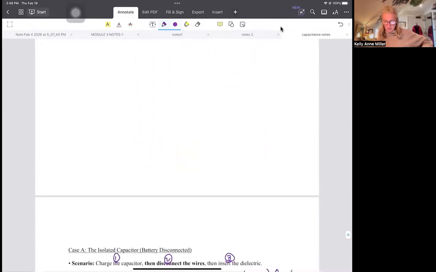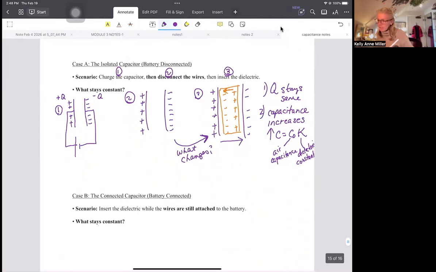So the capacitance increases, and the voltage decreases, again because the field is weakening, so the potential difference drops. Another way to look at it is that V is Q over C. If the capacitance is going up and Q is staying the same, then V has to be decreasing.